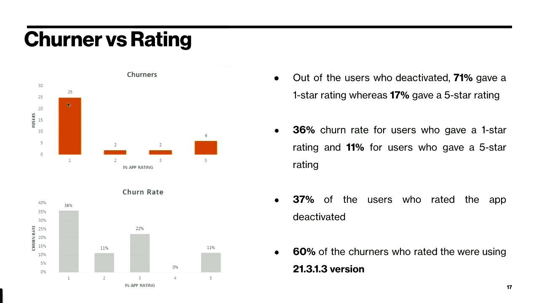In this case, 25 people gave a 1-star rating and soon after that they left, versus people who gave a 5-star rating, only 6 of them left. This is churn rate: 1-star rating has 36% churn, versus 5-star rating has 11% churn. Out of the people who deactivated, 71% gave a 1-star rating versus 17% who gave a 5-star rating.